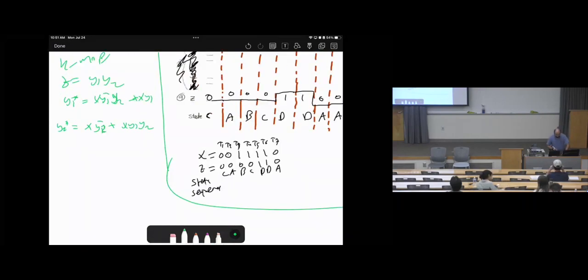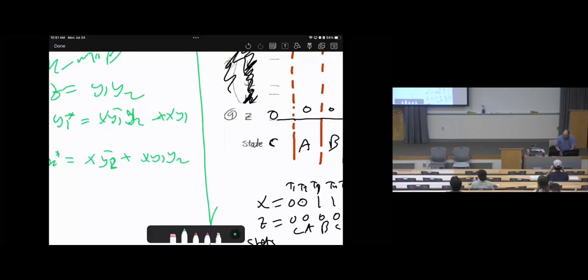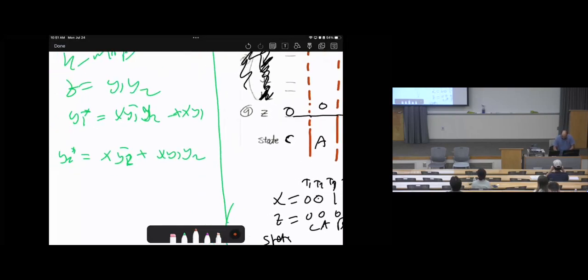Okay. In order to make it canonical form, there are missing variables here, so it will be Y2 plus Y2 bar, and here the missing variable is Y1 plus Y1 bar, to make it into three-variable K-maps.